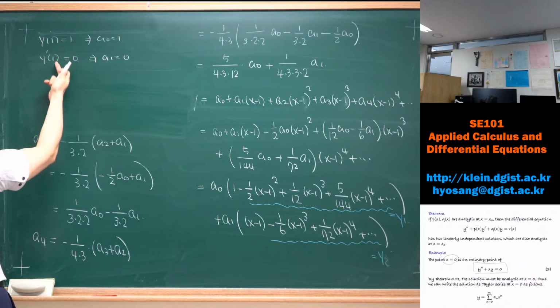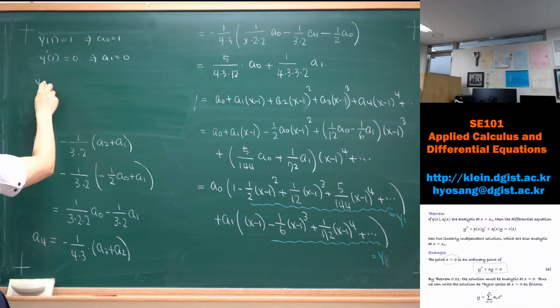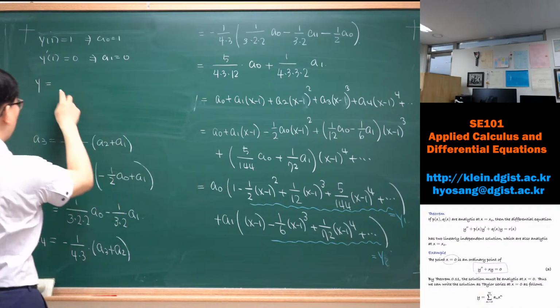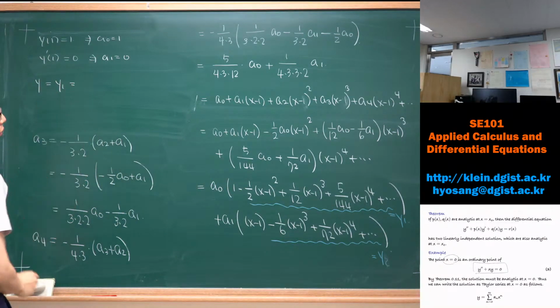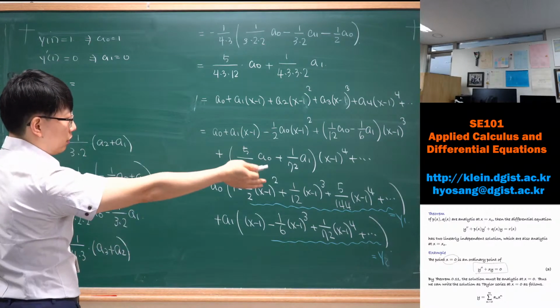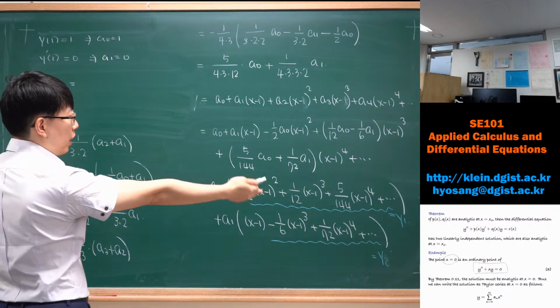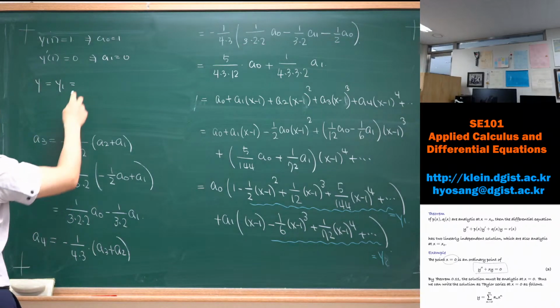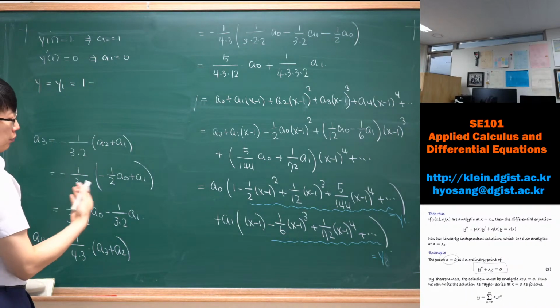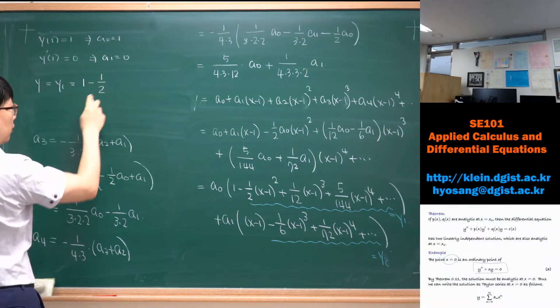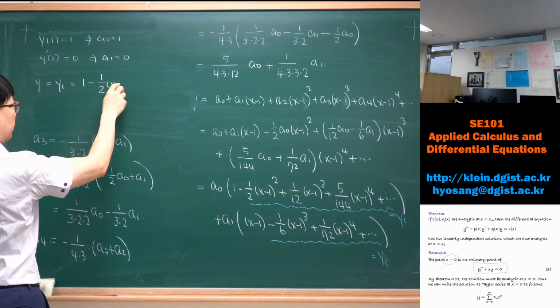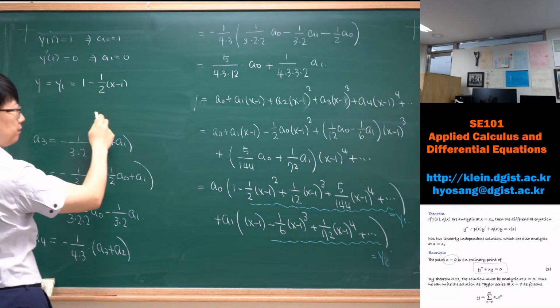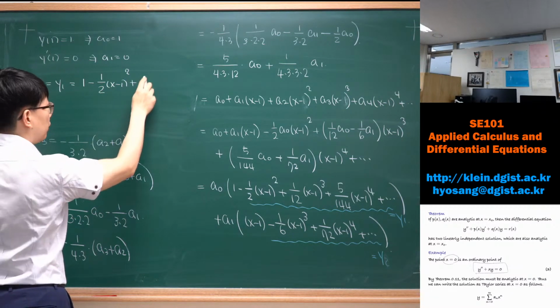So what's the answer? The answer to the differential equation satisfying this initial value condition is y equals this y1. And we know that y1 exists, but there's no other way to express y1 other than this series expansion. So we can only approximate the graph of this solution y1 using the Taylor series.